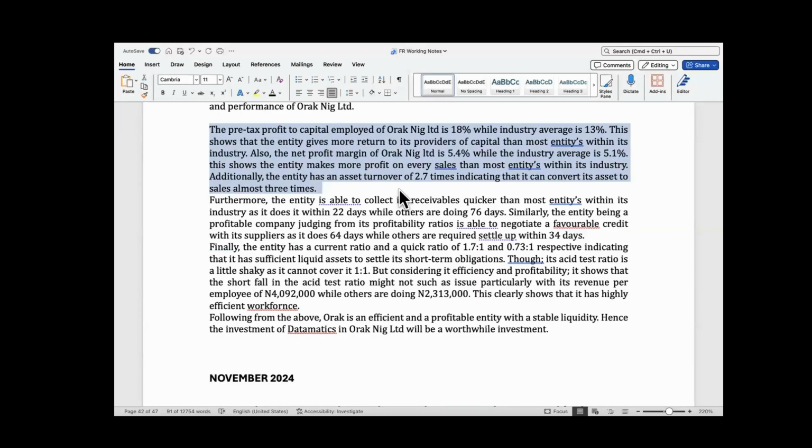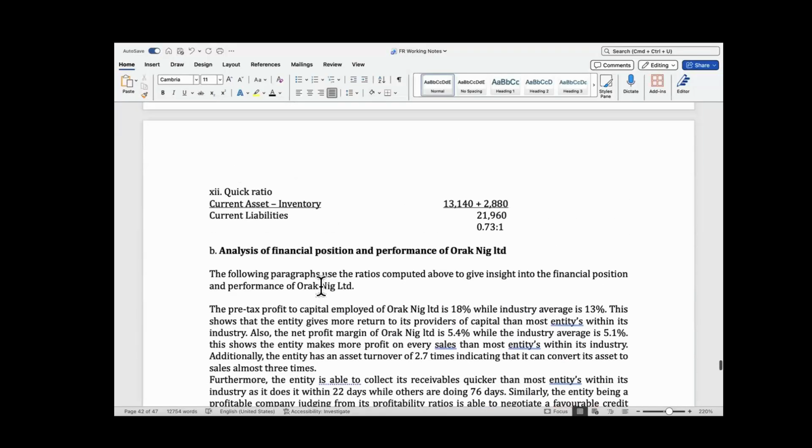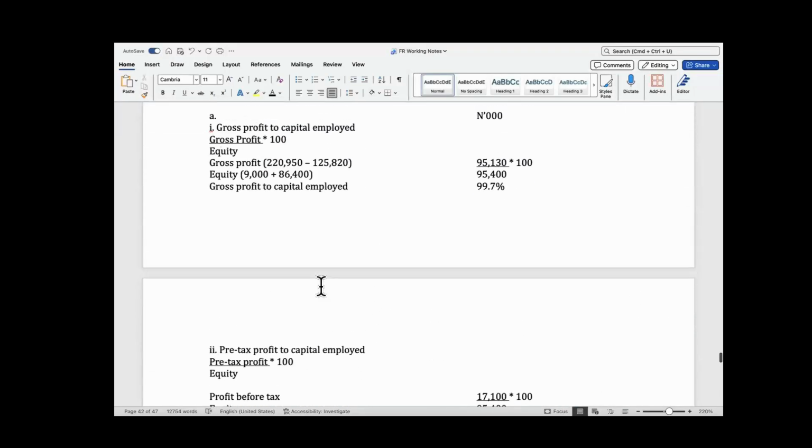And particularly, I didn't forget to mention revenue per employee because that's critical. The company can do 4,092 revenue per employee, and others are doing less. It clearly shows that their workforce is very efficient because they are doing two times what other companies are doing. Which is quite impressive.